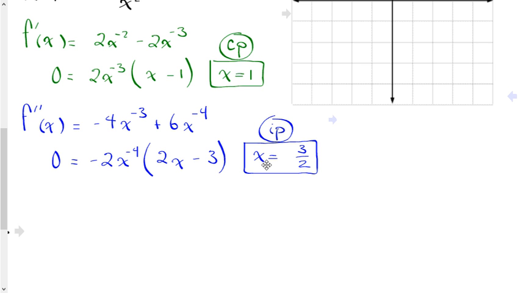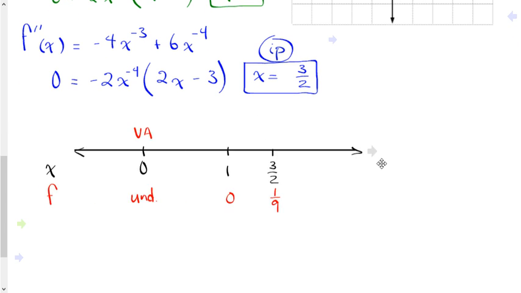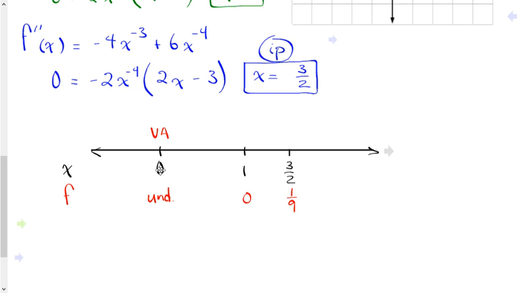Well, that gives us lots of information, and it helps us set up our number line where we have x being 0, that's my vertical asymptote. When x is 1, that's my critical point. And when x is 3/2, that's my possible inflection point.